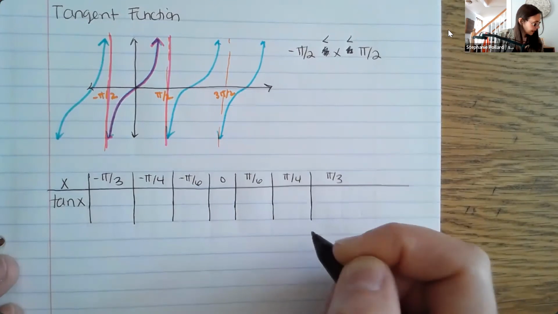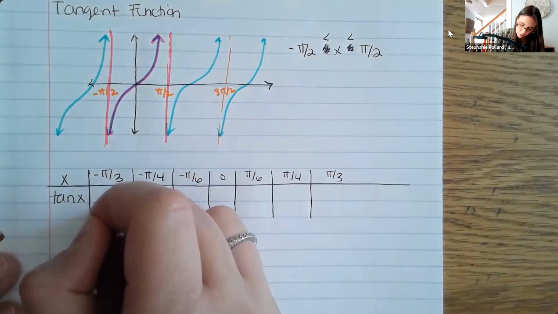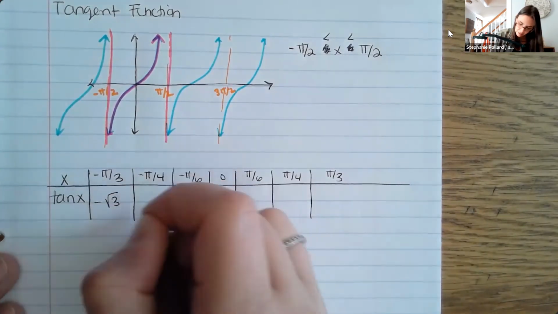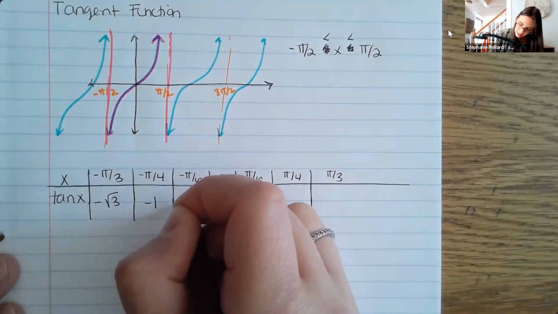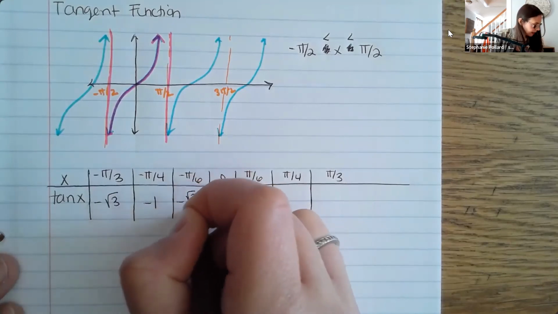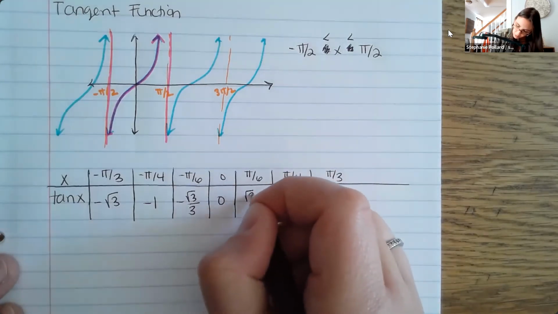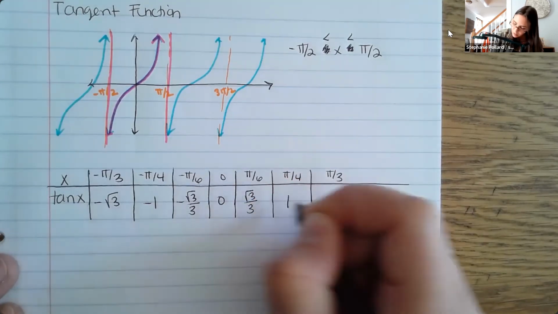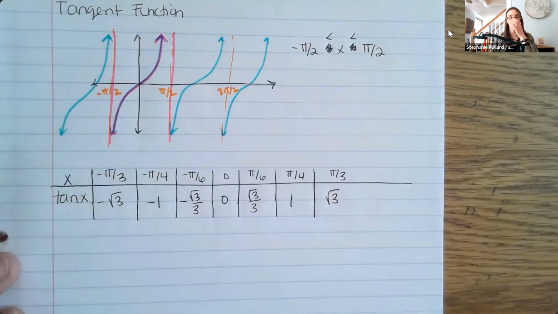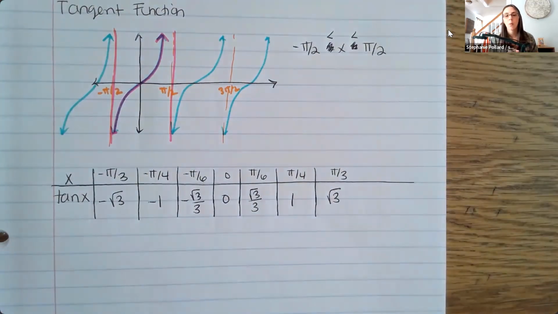Okay. And then at the first one, our answer is negative root 3, negative 1, negative root 3 over 3. At 0, we have 0, positive root 3 over 3, positive 1, and positive root 3. So those are going to be my key values when dealing with the inverse tangent function, because we have that restriction.